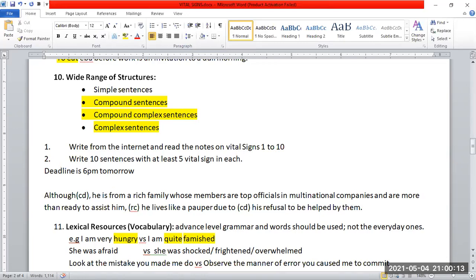All right. Write from the internet and read the notes on vital signs 1 to 10. Write 10 sentences with at least 5 vital signs in each.